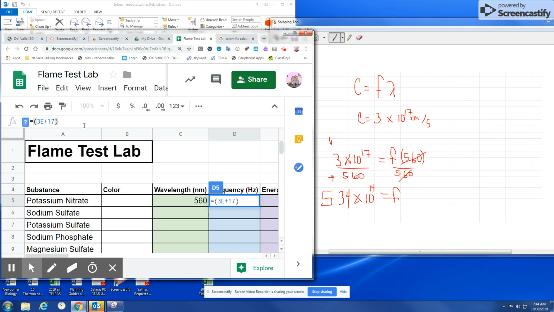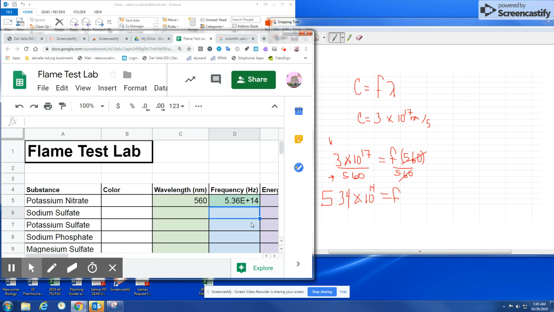The way you divide in a spreadsheet is you type a slash. And rather than typing in 560 here, I'm just going to click on where it is. It's in cell C5. I could either type C5 or I could just click right there. So what this will do is it'll divide the speed of light by whatever wavelength is in this box.